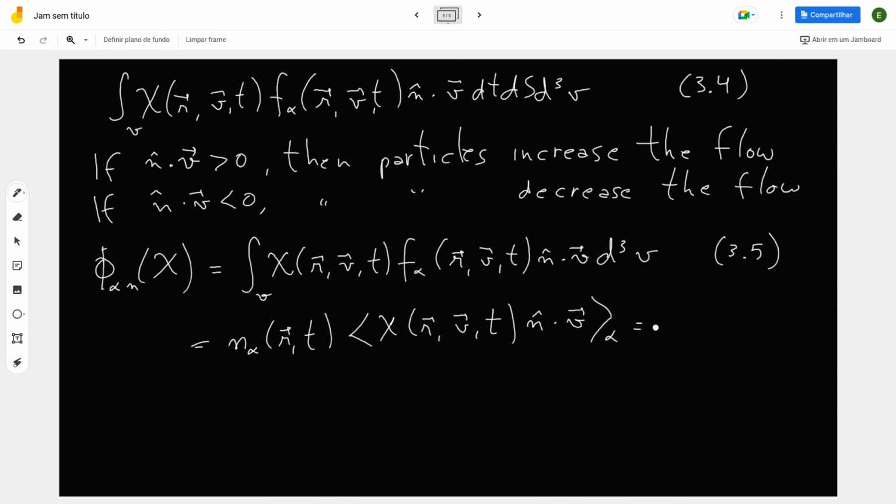Let's use this shorter notation here, n alpha chi v n alpha. This is 3.6. So Vn will be this. We'll call this Vn. It's not a vector, so no arrow here.